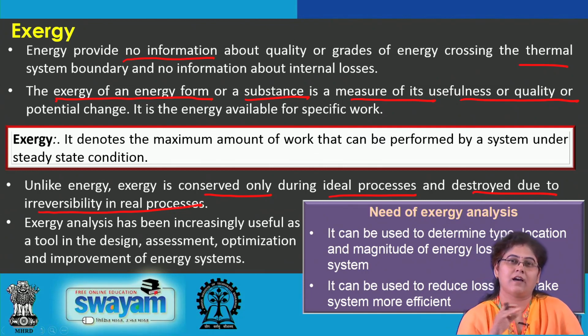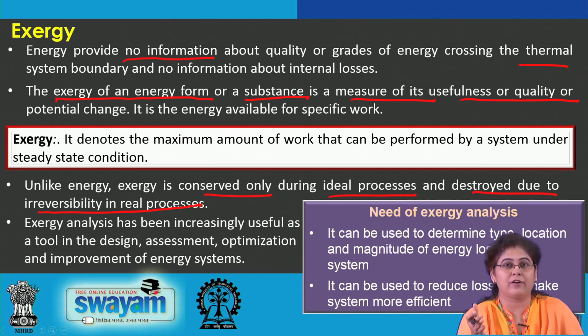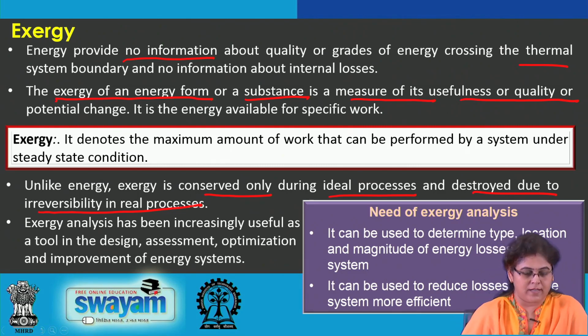This energy loss is expressed in terms of entropy generation. As a result of entropy generation, the quality of energy is degraded from the source to the sink. This degradation of energy is known as the exergy loss or irreversibility in the system.